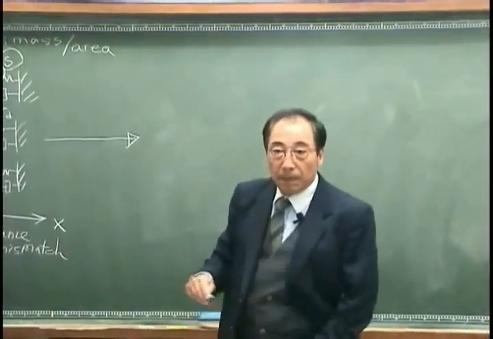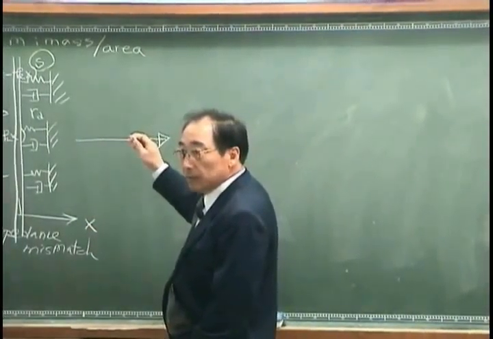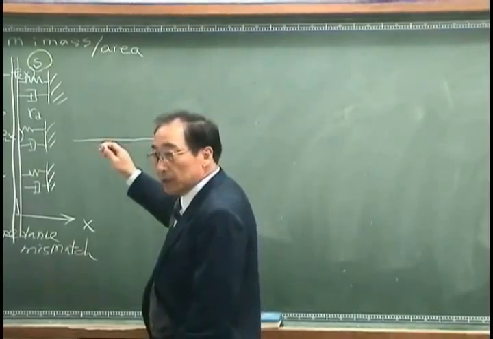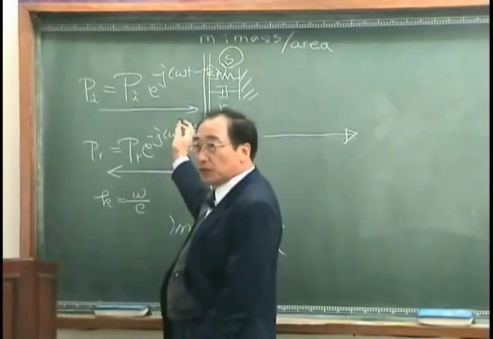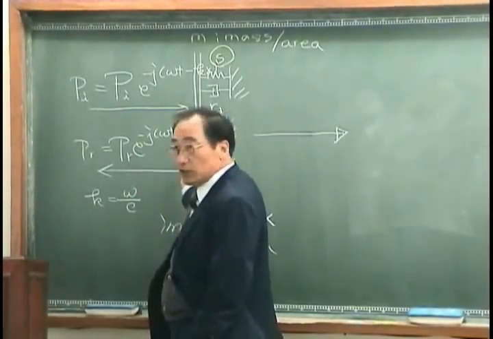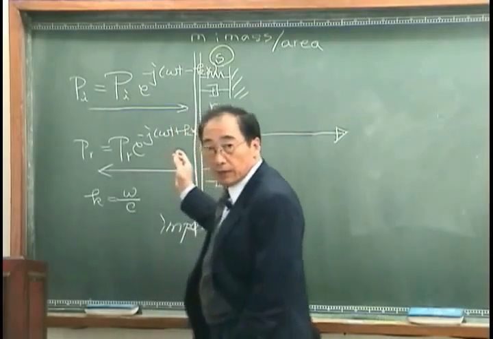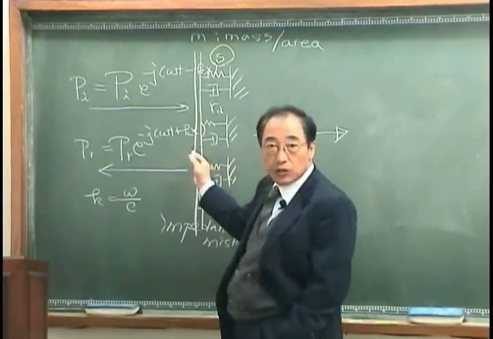First, the boundary condition says that the velocity of the fluid particle over here has to be the same as the velocity of this partition, and the velocity of this fluid particle over here is the same as the velocity of this partition.